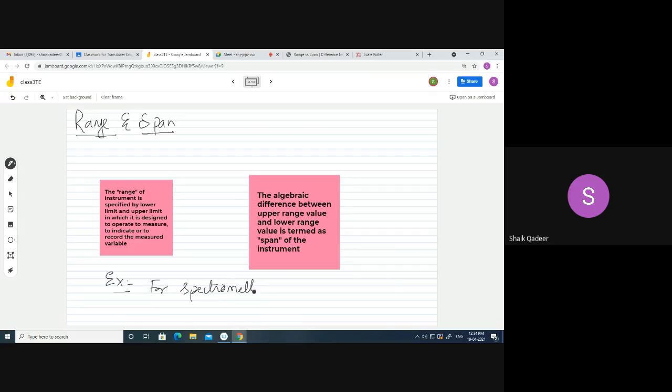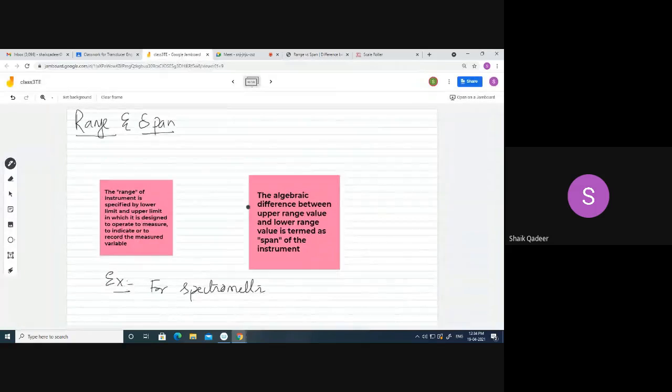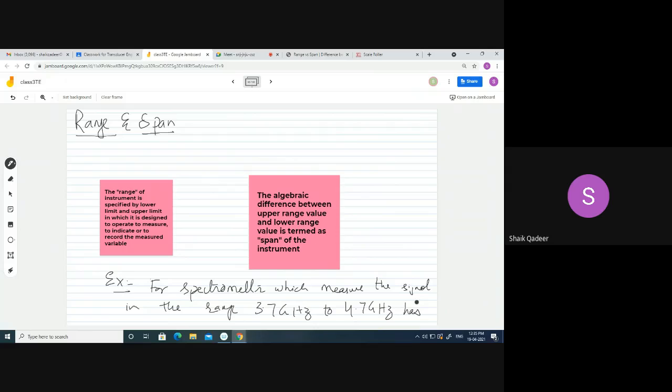A spectrometer, which measures the signal in the range 3.7 gigahertz to 4.7 gigahertz.